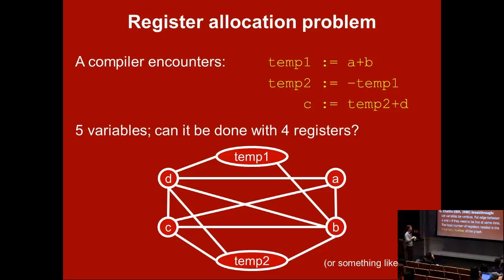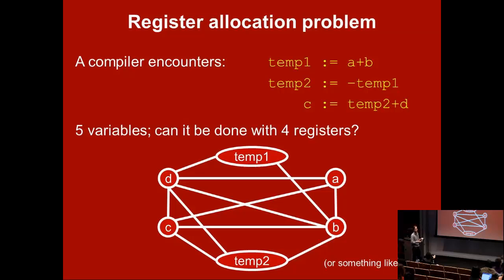Then he showed that the least number of registers you need has something to do with the graph theoretic properties of the graph. It was the chromatic number of the graph, whatever that is. People were very excited and happy, and it made them compile to faster code.